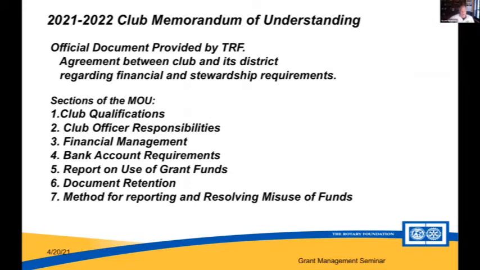The MOU Jim talked about is a memorandum of understanding. It's between your club leadership and what is expected of you by the district. Club qualifications, officer responsibilities, financial management, your bank account requirements, use of grant funds, document retention, and how to resolve and report on misuse of funds.